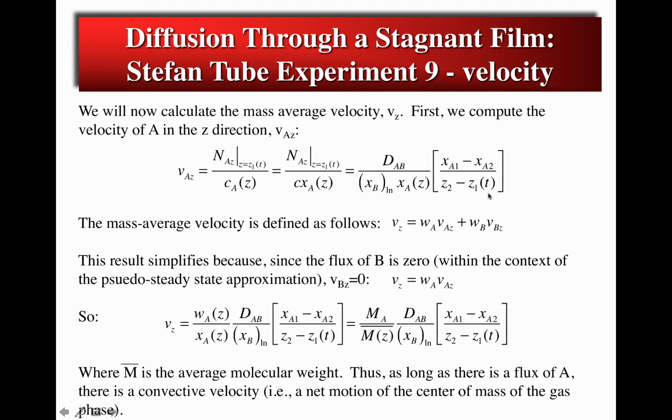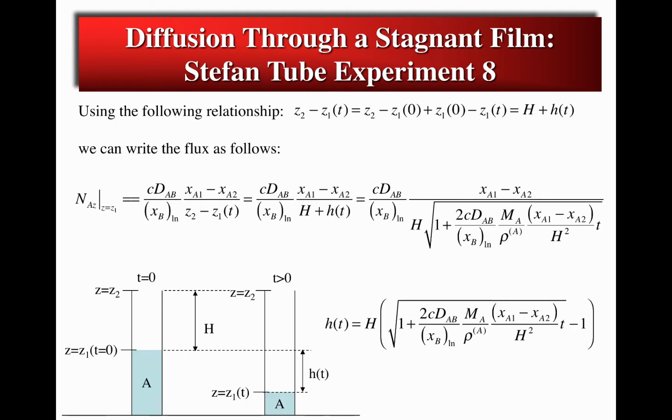And what you can see from this that is interesting is that as time marches on in this experiment, and Z1 of t goes down, the velocity of A slowly decreases. That reflects the slow decrease in the flux that we mentioned over on this expression.